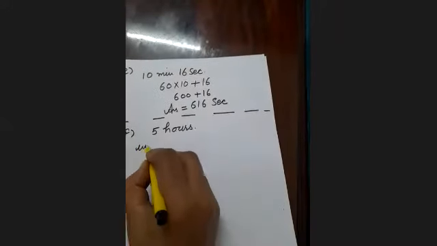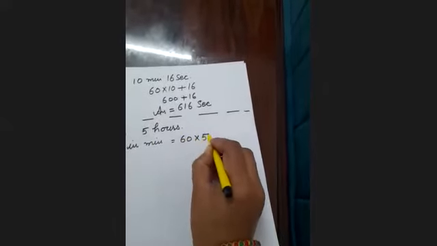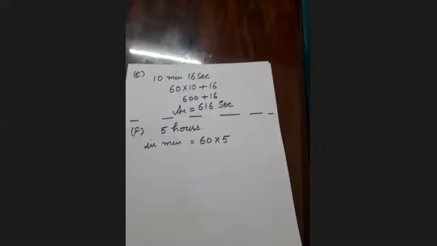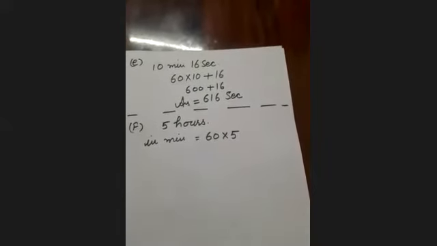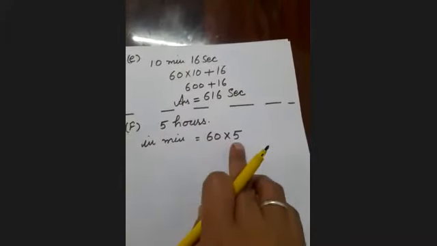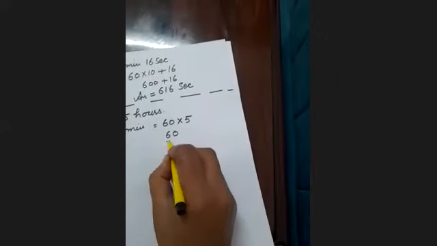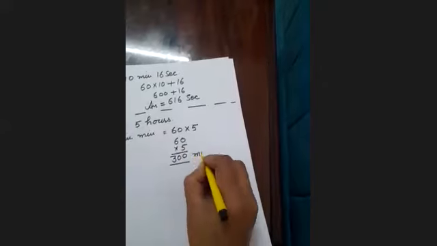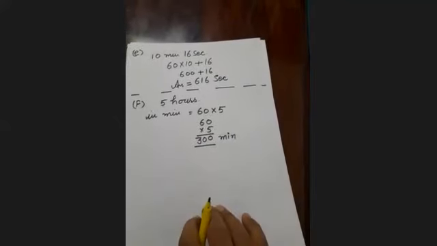In minutes, we get 60 by 5. Now 60 into 5, 5 sixes are 30. So in 5 hours, we have 300 minutes.